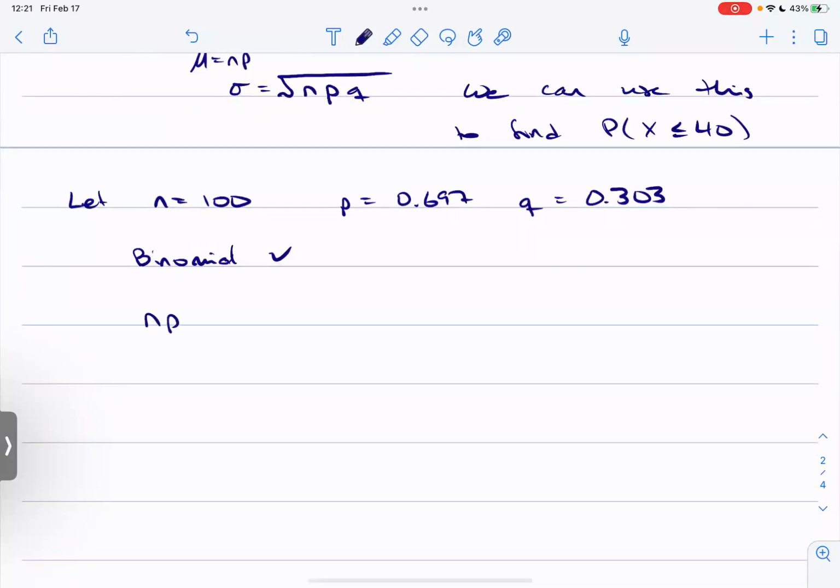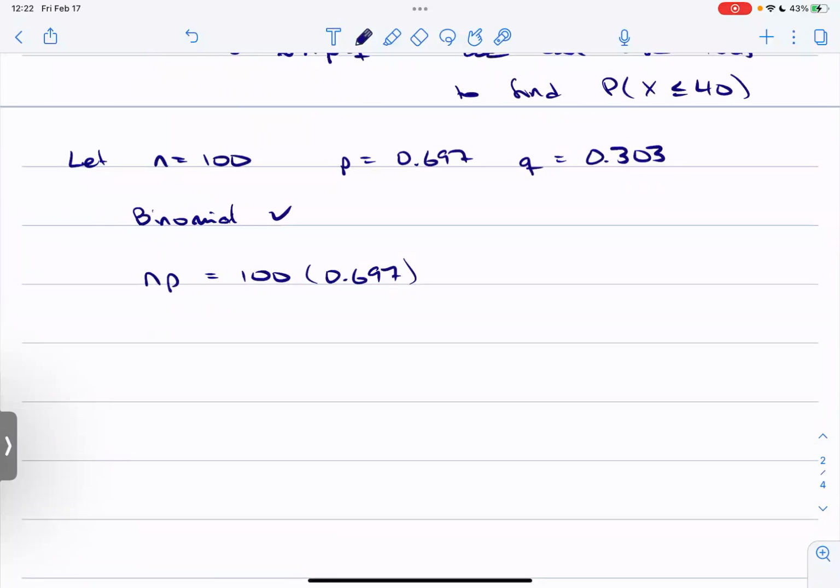Next thing I want to check is that n times p, which in this case is 100 times 0.697, equals 69.7.